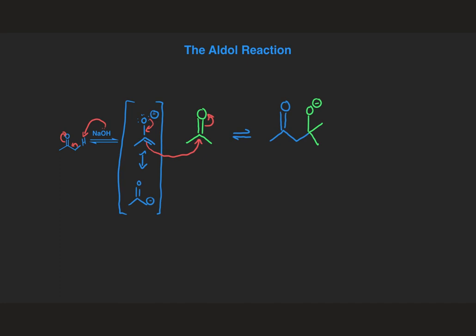And in the final step of the Aldol reaction, the water molecule that we just formed gets deprotonated to regenerate the base and form the final product, which is a beta hydroxy ketone.